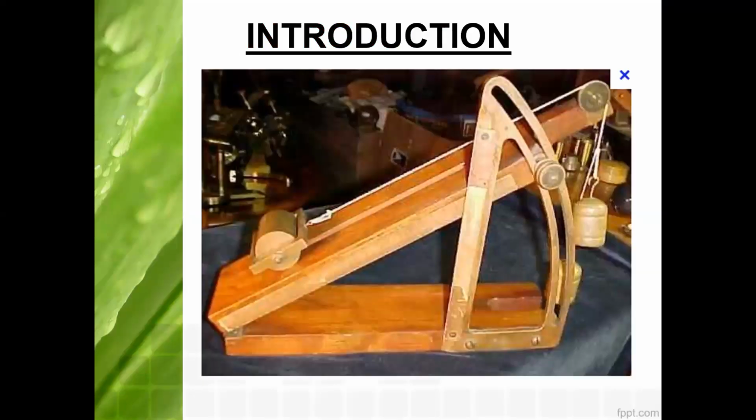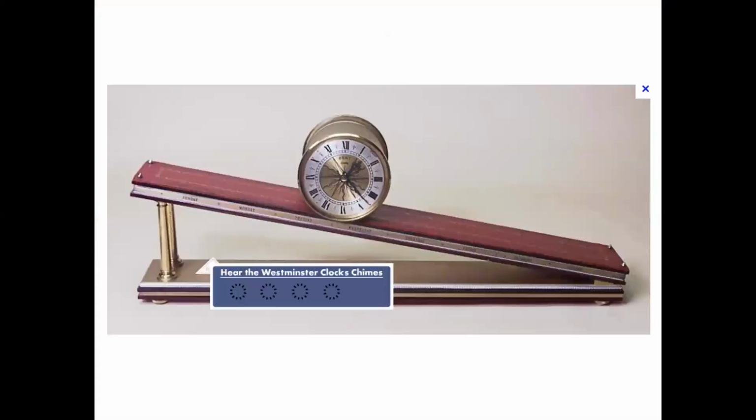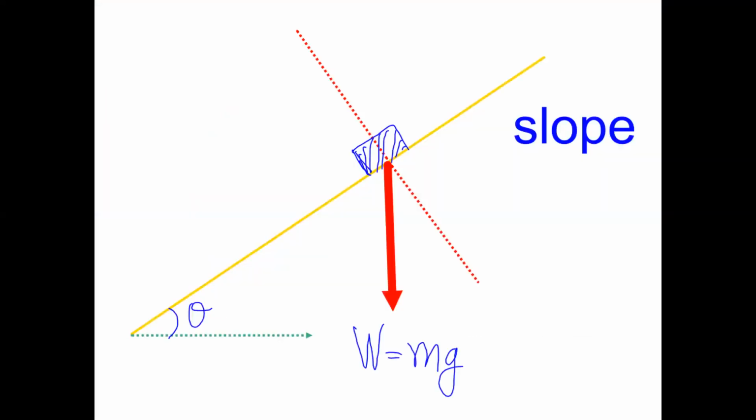So look at this slope. These slopes are always there in a case when you have to take something up with less effort. So here some mathematics is coming up. This is an inclined plane. It is a slope, and there is an angle theta with the slope.